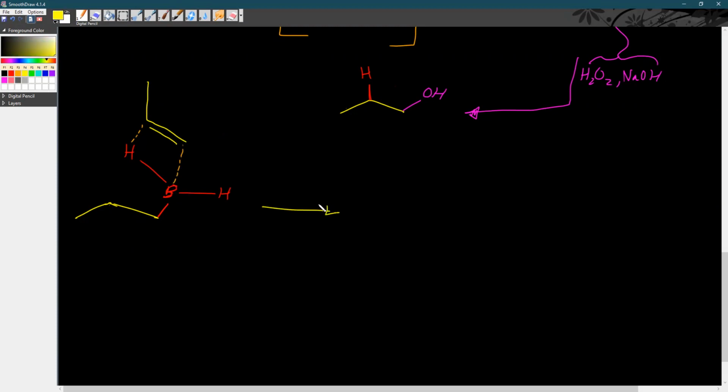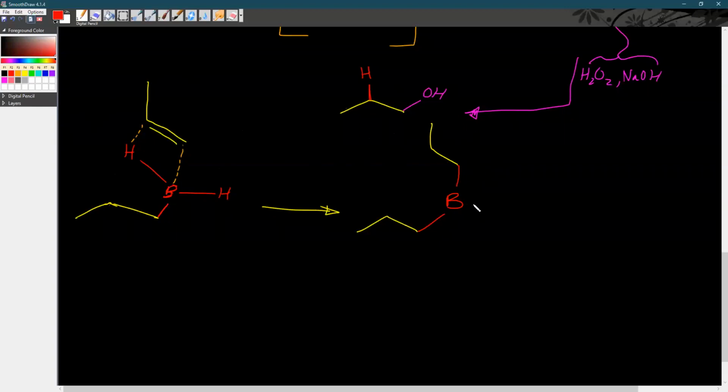And now we have this boron in the middle, and it's connected to two of our alkanes, or two of our R groups.